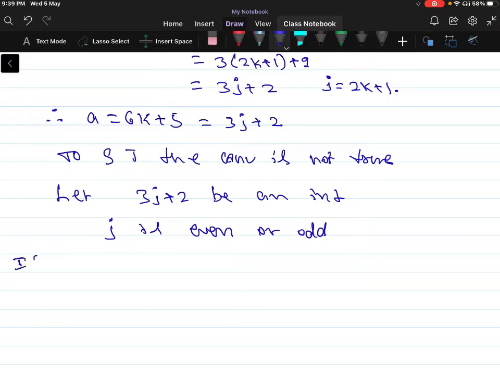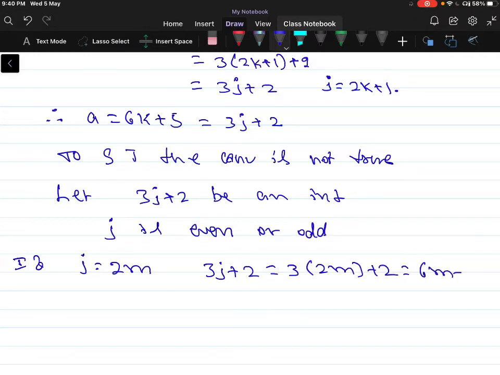Suppose if j is even, that is considered as 2m for some integer m, then 3j plus 2 is equal to 3 times of 2m plus 2, that is equal to 6m plus 2.